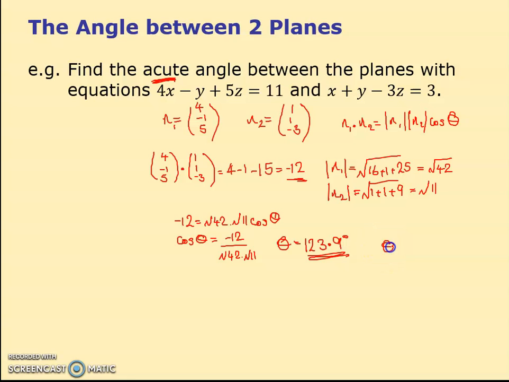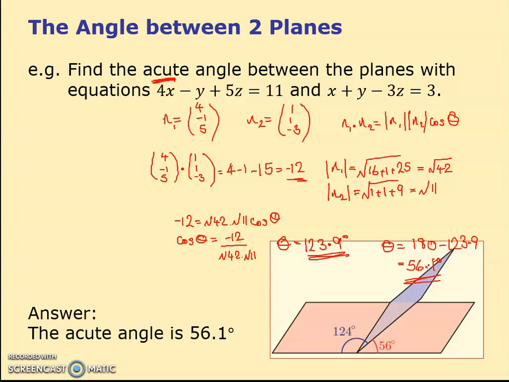So I think the actual angle they want is 180 minus it, which I get 56.1 degrees on my calculator. And you can see that picture is actually quite good because 56 is the one they wanted. My initial way of doing it found the other side of that intersection.